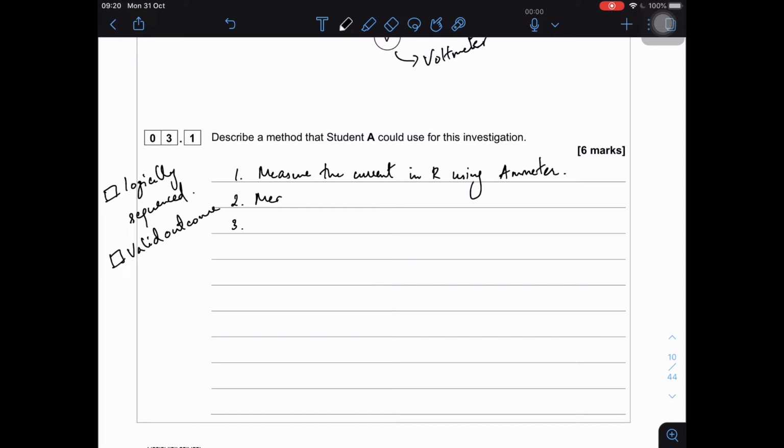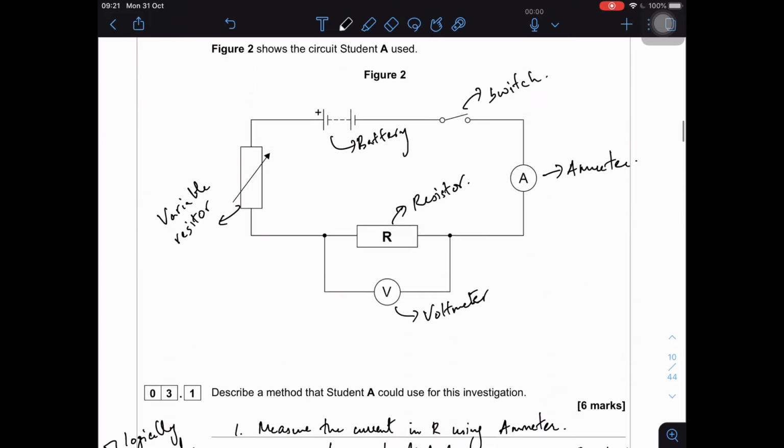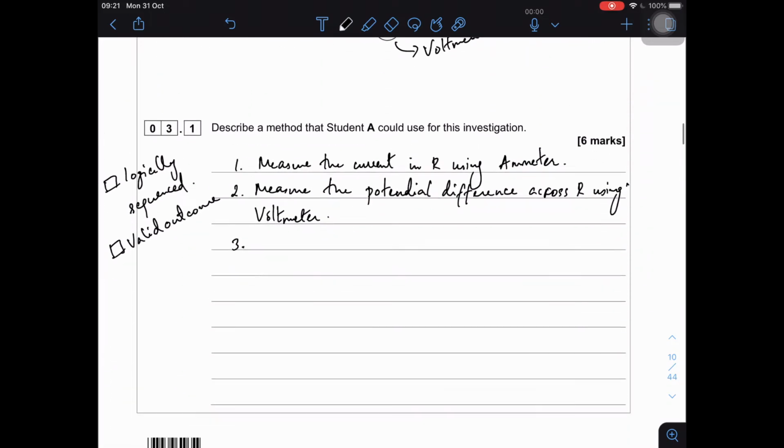Then you measure the potential difference across R using a voltmeter. Now we are going to vary the resistance on the variable resistor.